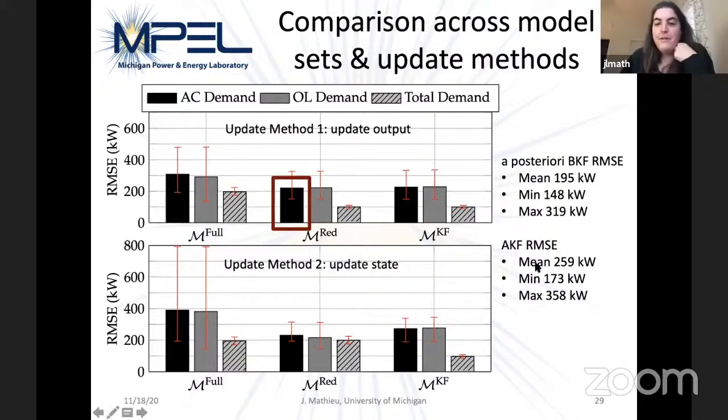Mean here is the mean over different days. So we're beating this case here and here, for instance. But actually, when we use the full model set, we do worse than the Kalman filters on average. So it just tells you that if you were to use this approach in real life, you would have to really tune the models that you're using to make sure that they were adding something to the algorithm instead of confusing the algorithm.